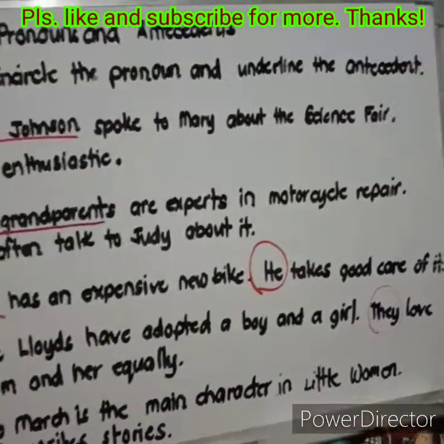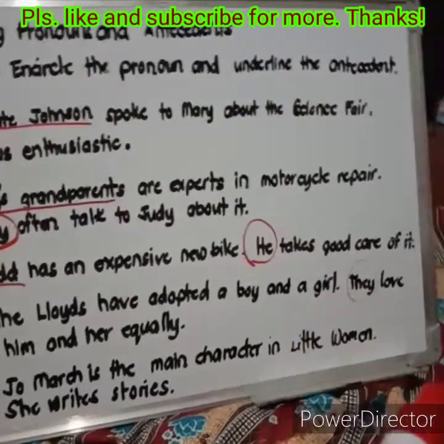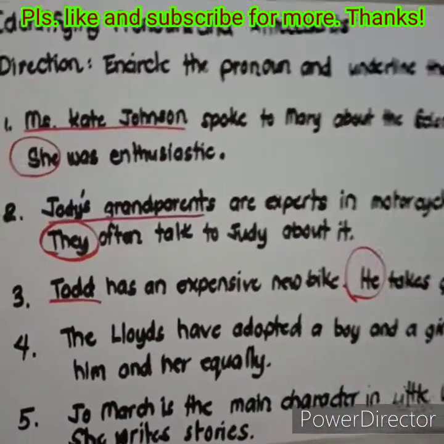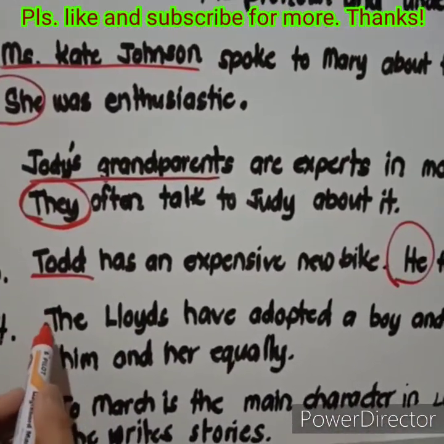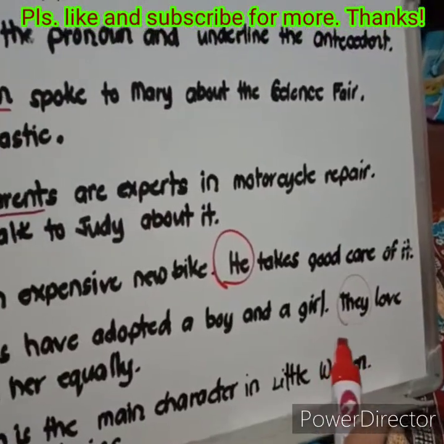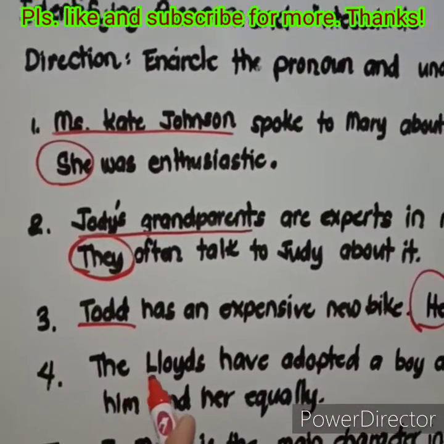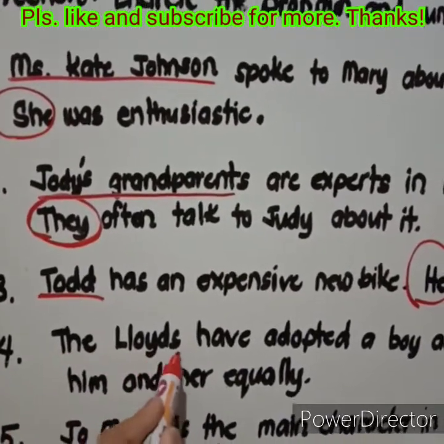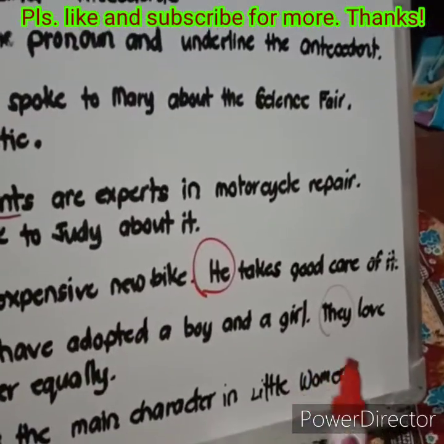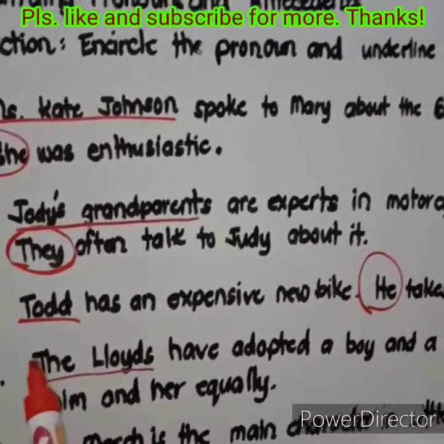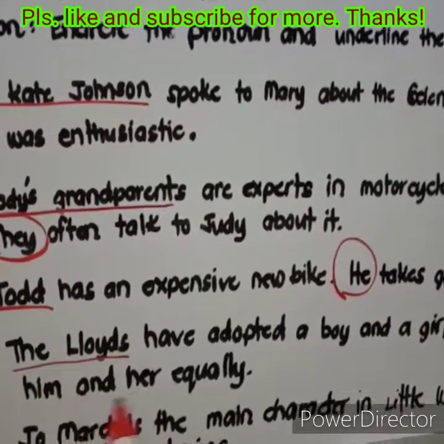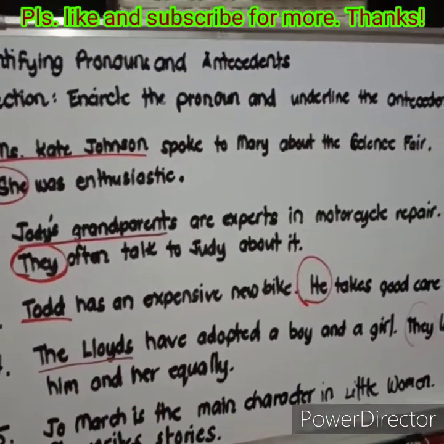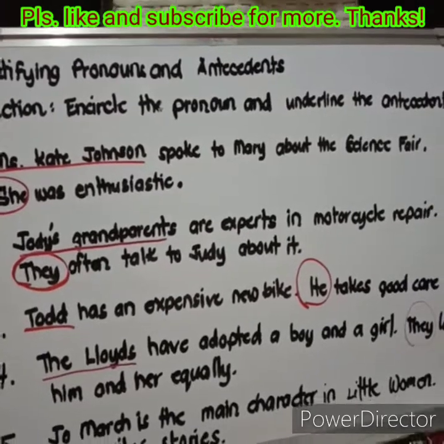Now the word they is referring to the Lloyds. We use they there because in terms of number, the Lloyds is plural. So underline the antecedent. That's what your pronoun they is referring to. It is the word that your pronoun they is referring to. Very good. So now let's proceed to number 5, our last number.